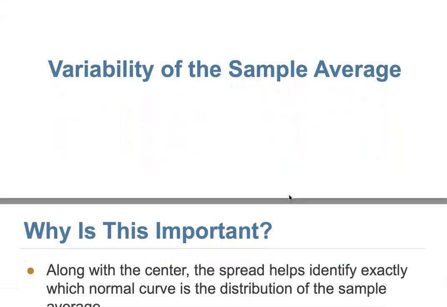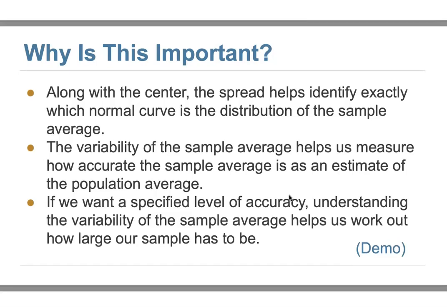So compare again, and think again about the variability of the sample average. From the distributions we saw earlier, either sample size 400 or sample size 900, after we ran 10,000 times, they both have a curve close to the normal distribution, and the centers are very close.